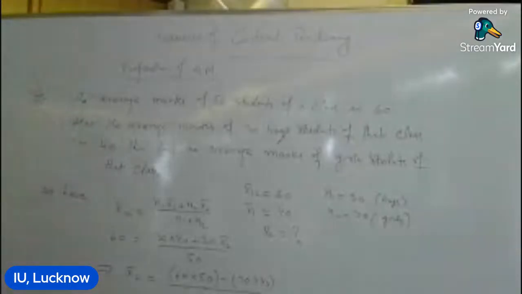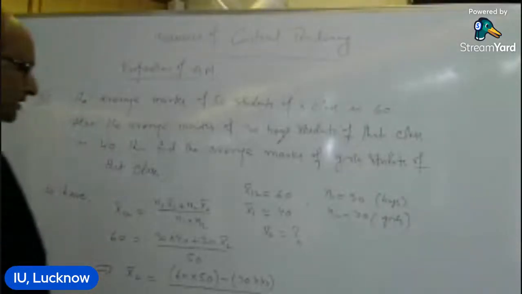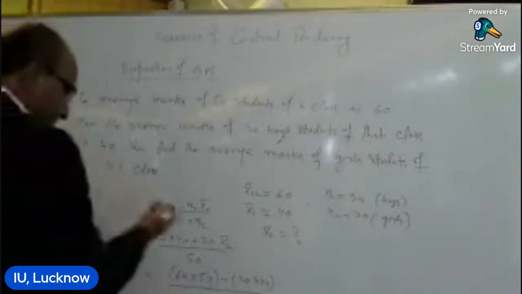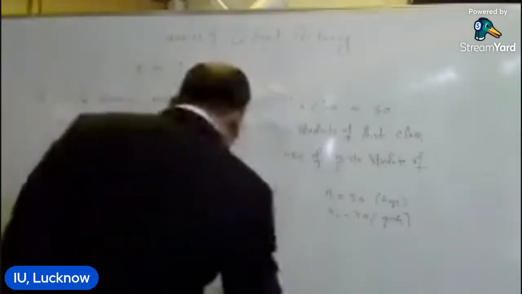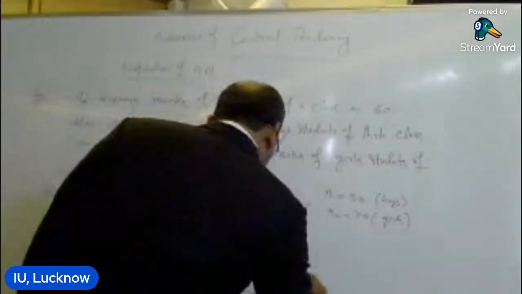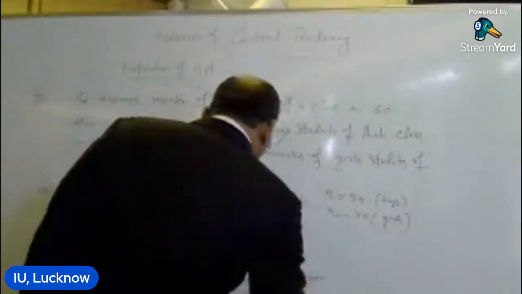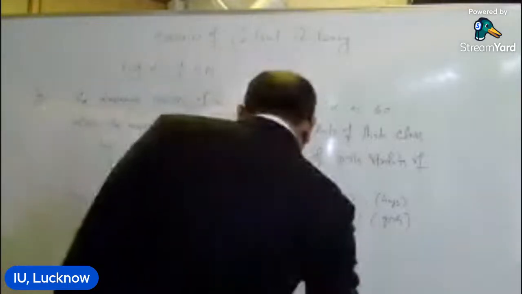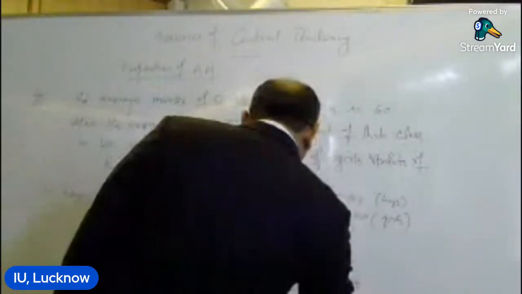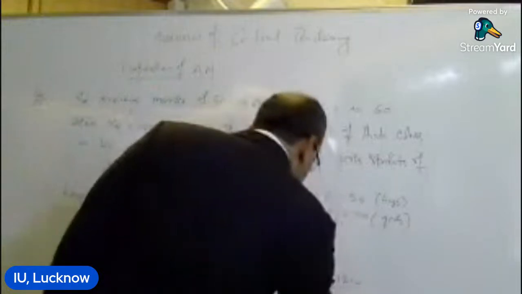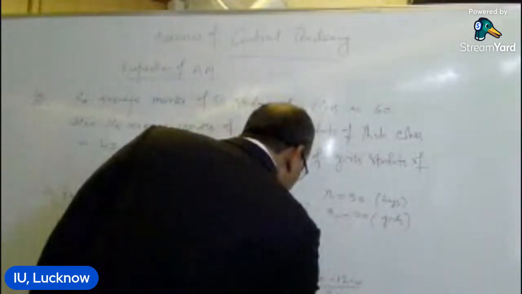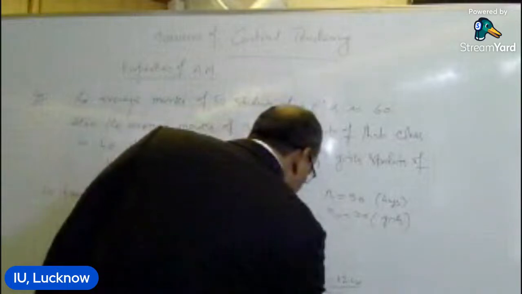After solving this, you will get the average marks of the girls students, and it will be what? I think 3000 minus 1200, that is 1800, divided by 20, 90.